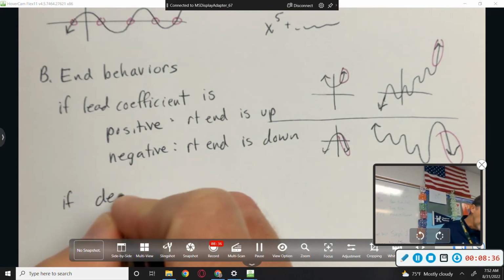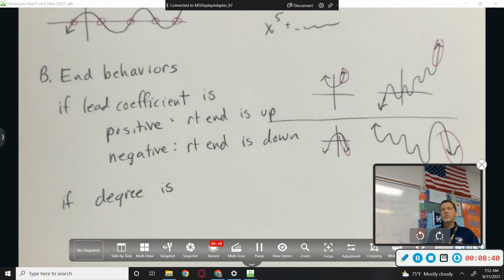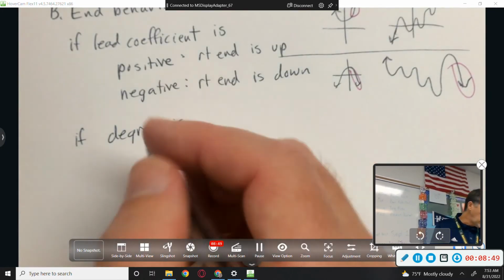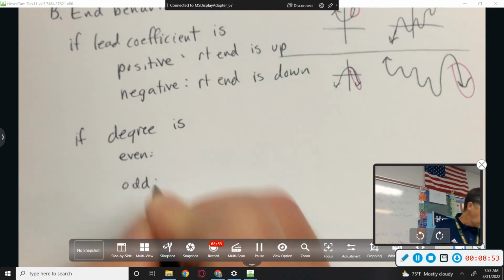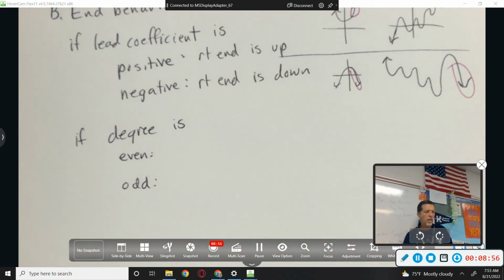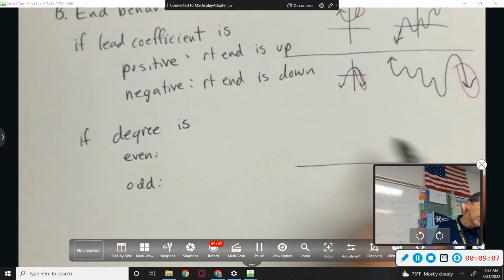If the degree, this one's a little bit trickier because all our degrees are going to be positive, so it's not a positive negative thing. If the degree is, it's even versus odd. The degree is even. Any thoughts if the degree is even?